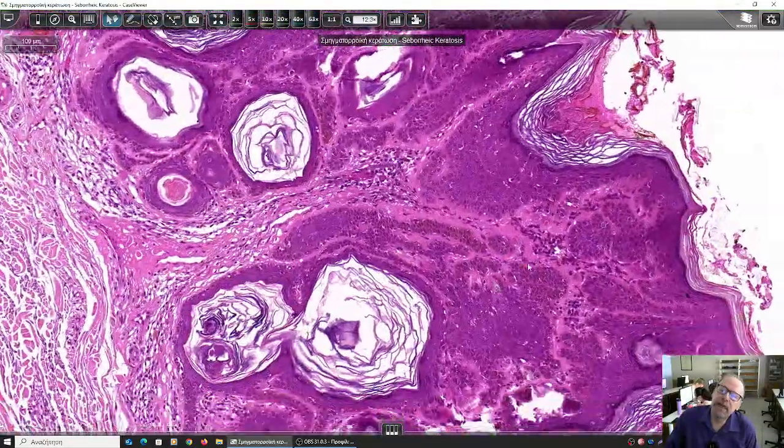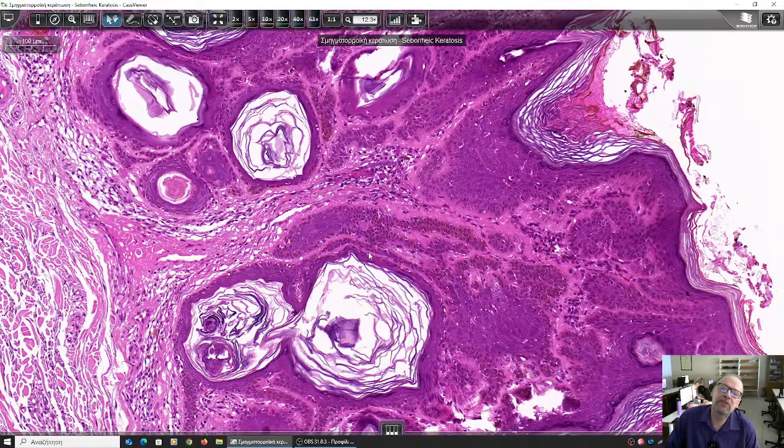And you see that it makes some downward projections here, despite its exophytic nature, which, however, are very well circumscribed. You see how well circumscribed they are? So they do not appear to be invasive, because anything that we see that grows in the dermis is not necessarily invasion. It might just be an endophytic component.